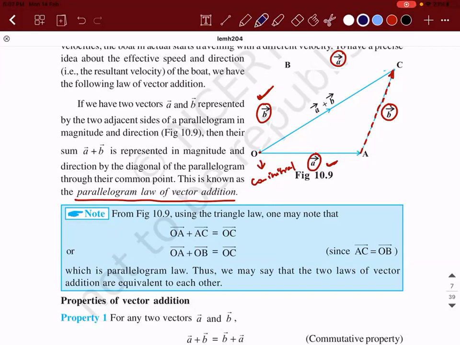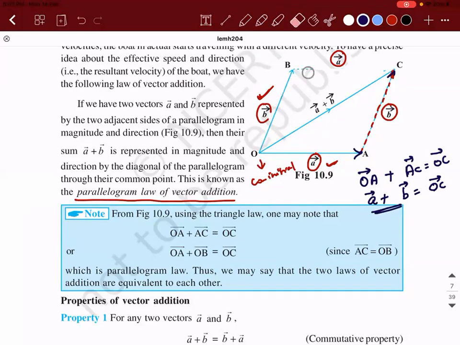Is it not looking like a triangle? Where the ending point of the first vector is the starting point of the second vector. When this is going to happen, tell me, OA vector plus AC vector will be equal to OC vector. What is OA vector? It will be A vector, plus this will be B vector, is equal to OC vector. So OC vector will be A vector plus B vector.